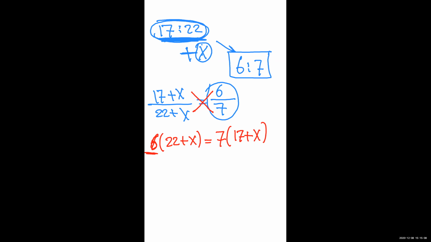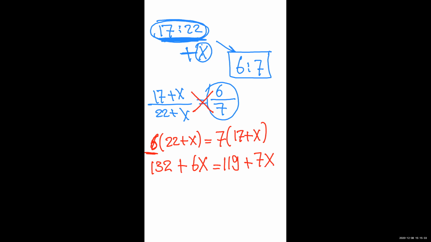So 6 times 22 equals 132, plus 6 times x, it's 6x. It will equal 7 times 17, which is 119, plus 7 times x, it's 7x.